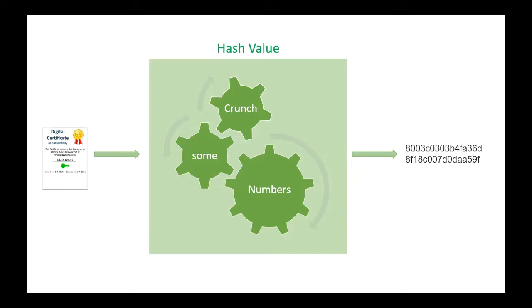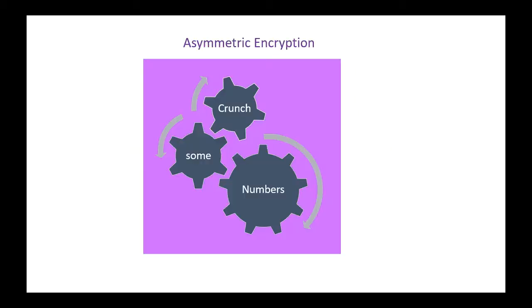Remember, if we put our certificate through the same generator function, it will always generate the same unique hash value. Any computer can perform the same calculation and generate a hash from the certificate they have been given. If the computer generates the same value, then we know the certificate has not been modified in any way. If it calculates a different value, then the certificate has been tampered with by someone and it is not authentic.